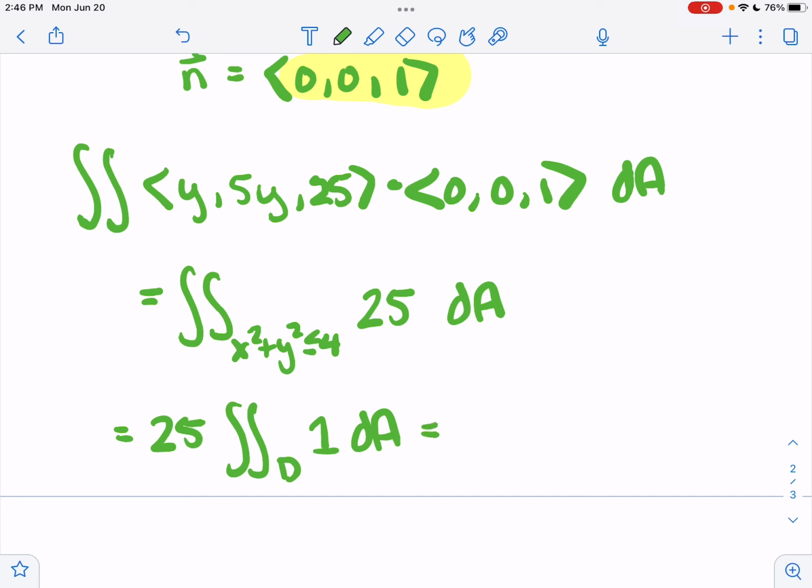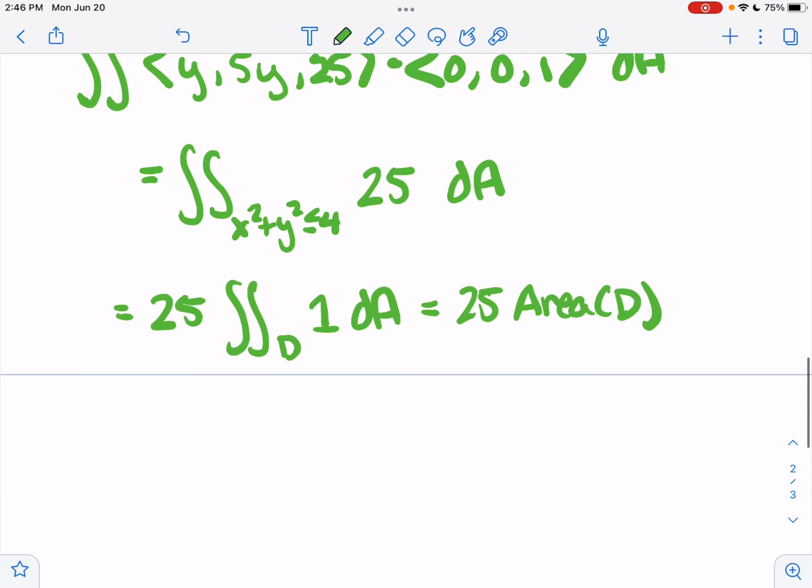Pull the 25 out, and we're integrating 1. We know then this is 25 times the area of D. The area of that circle down on the xy plane is pi r squared, so 4 pi. So this is 100 pi.